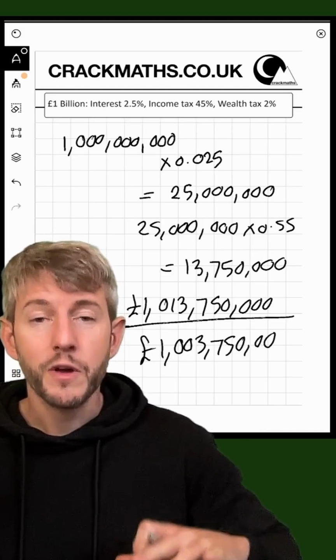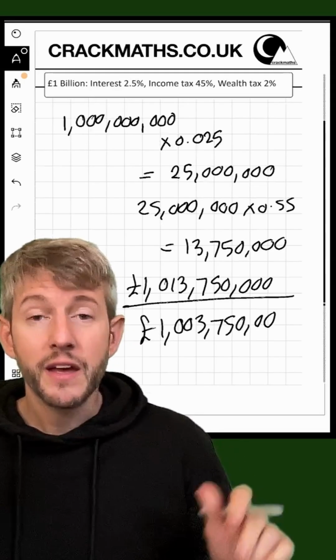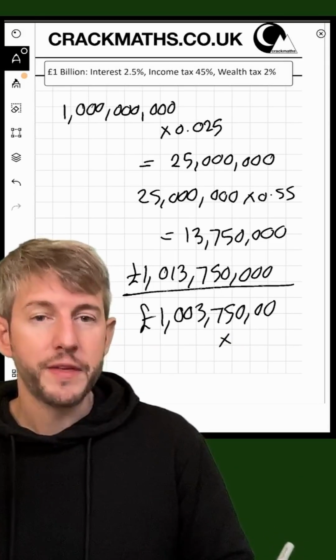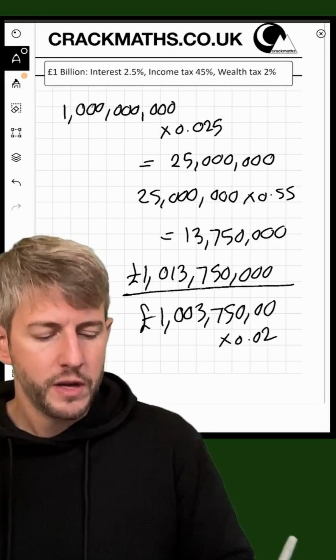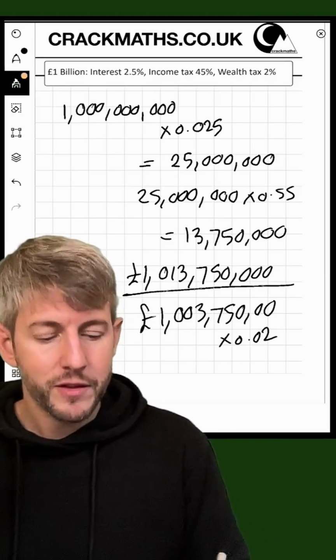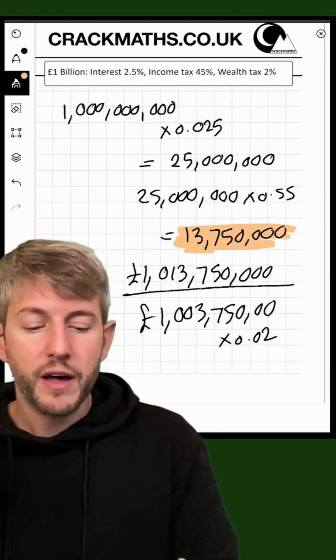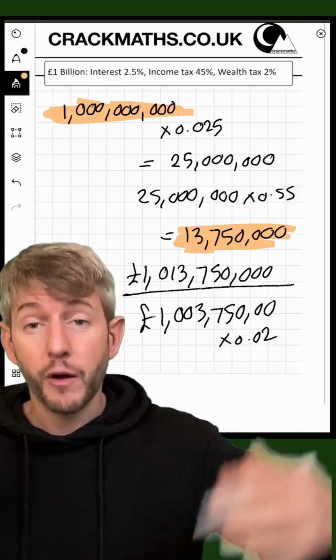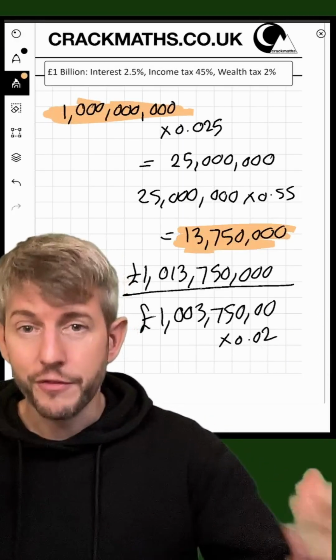Okay, right. So the last bit we've got to do here is work out what the wealth tax is. So we're going to have to multiply this by 0.02 to find out the wealth tax, and then we'll be able to compare that to how much money they've earned, think about it with the billion that they started off with, and see how far off the billion they are at the end of the year.